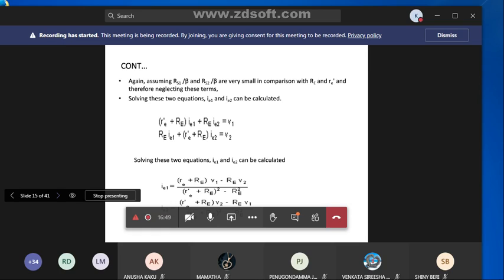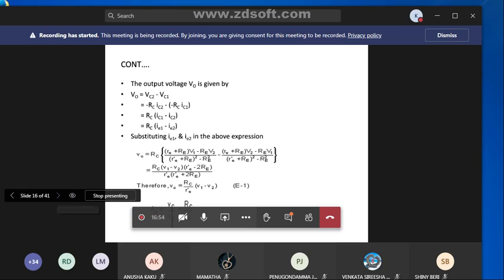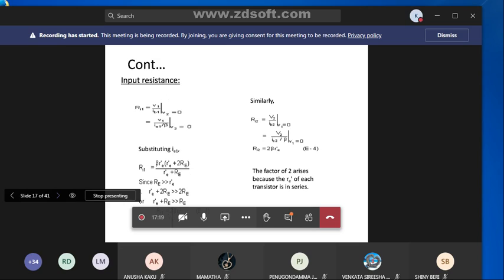If you solve these two equations, finally you will get IE1 and IE2. In the same way, V0 equal to VC2 minus VC1. From this you will get RC into IE1 minus IE2. Substitute IE1 and IE2 in the equation, then finally you will get the differential gain of the differential amplifier, right?